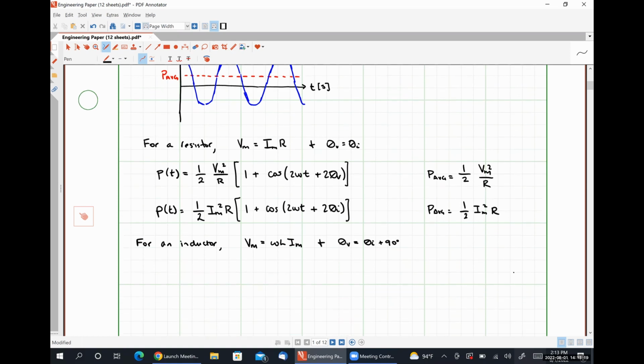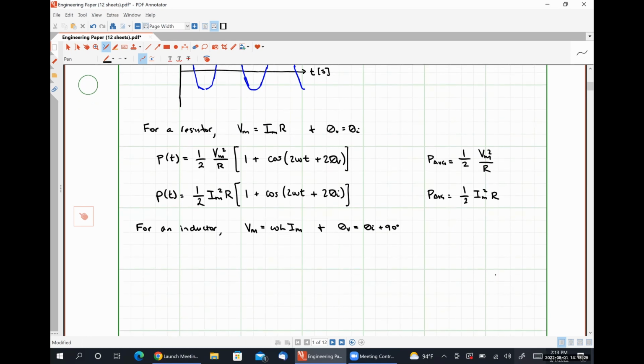If we substitute these relationships into our generic instantaneous power equation, we'll find that pL(t), the instantaneous power absorbed by an inductor, is going to look like 1/2 Vm squared over omega L. And then we have our cosine of theta V minus theta I part.